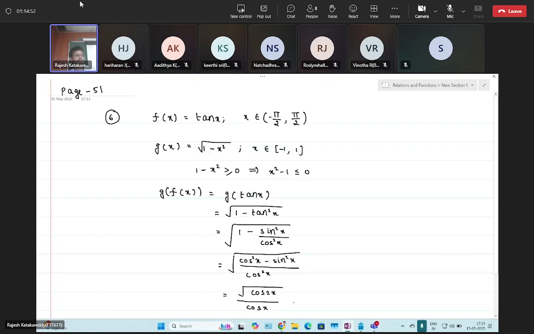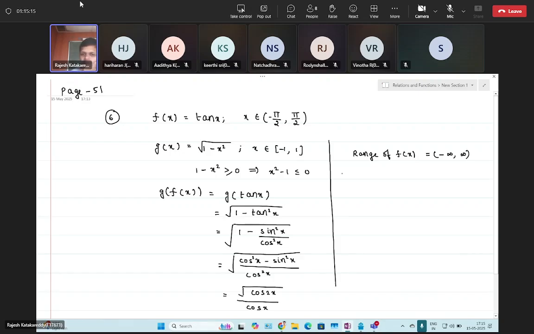What is my claim over here? This is not correct. One option is there, option 1. Why is this not correct? If I see the range of the function f of x, what is the range? It is -infinity to +infinity.